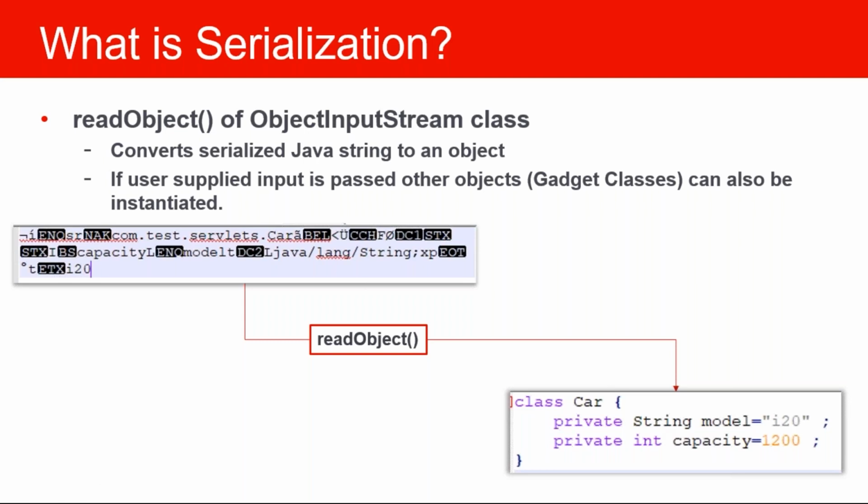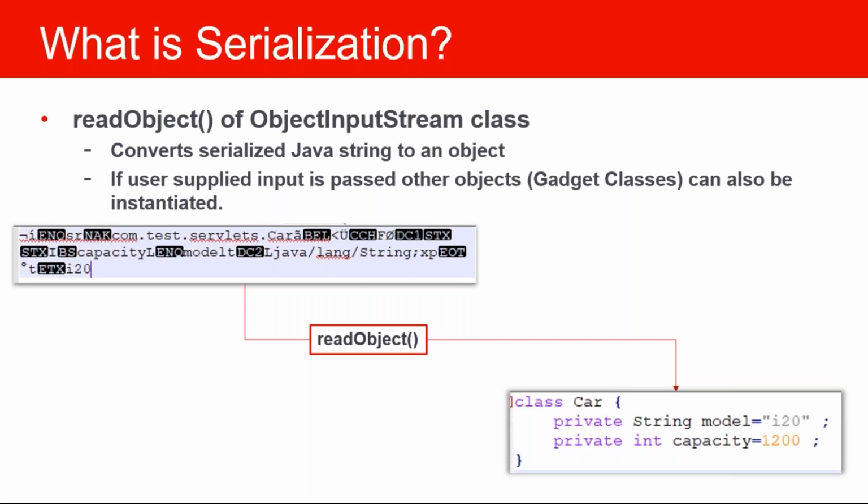Now, why is this technique more preferred? Because if you were to send the details of the car object, that is the car model and the car capacity, as a JSON string or an XML string, then system B will first have to parse that string or JSON object, convert it into an object of type car, and then start using it.